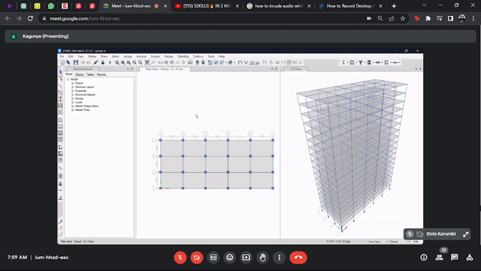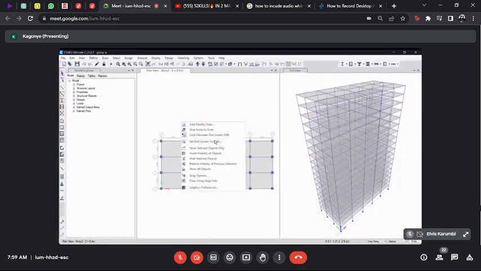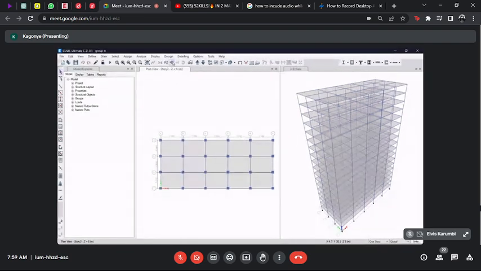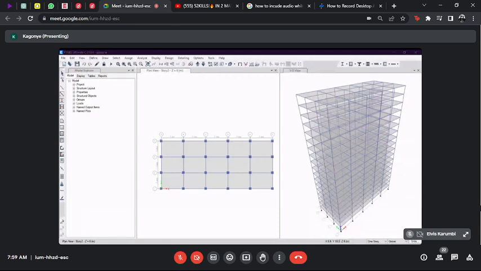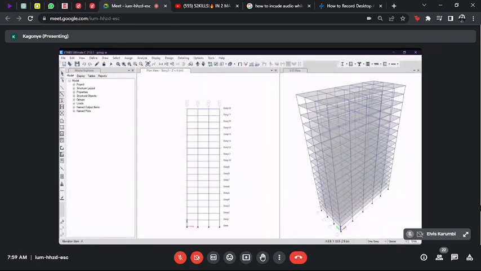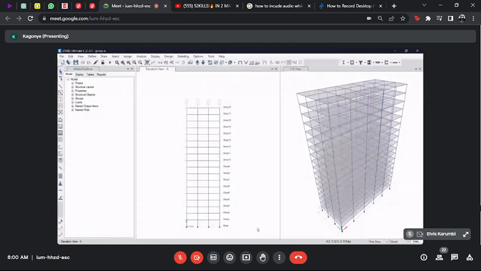So this is how far we have gone so far. We have modeled our building from story 1 to story 18. We did not include updates yet.